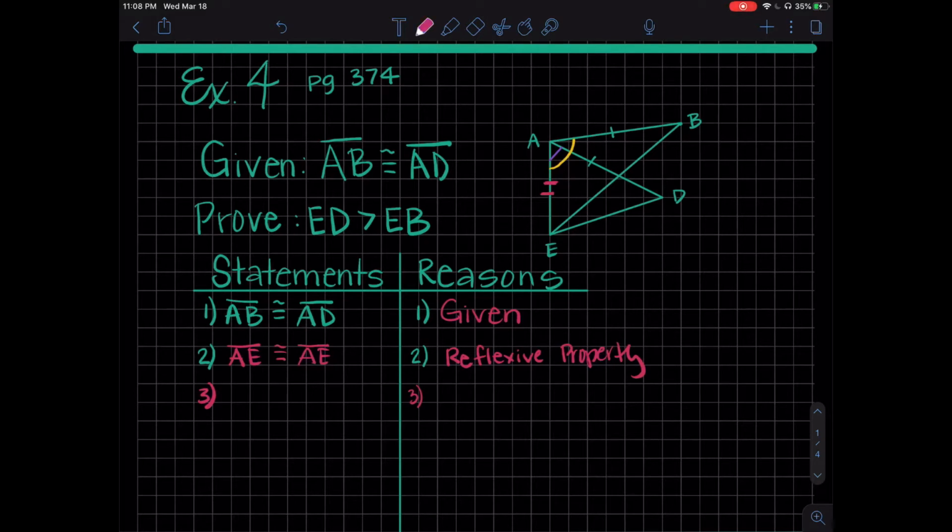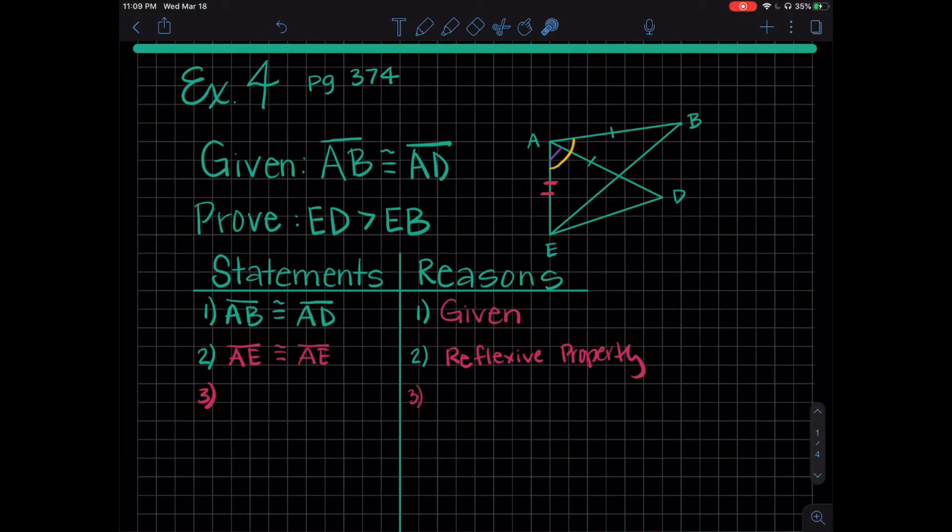We can make some assumptions here. We can say that this big angle, BAE, is comprised of this little angle, EAD, and angle BAD. So combination of angle EAD plus BAD makes up this big yellow one.